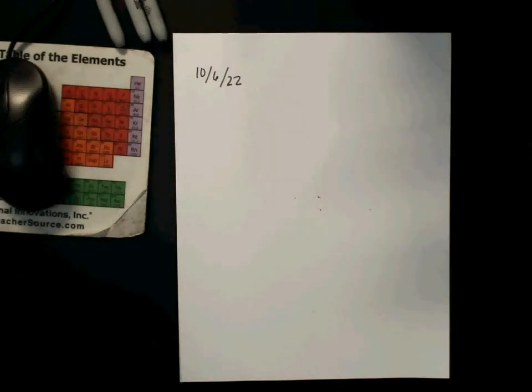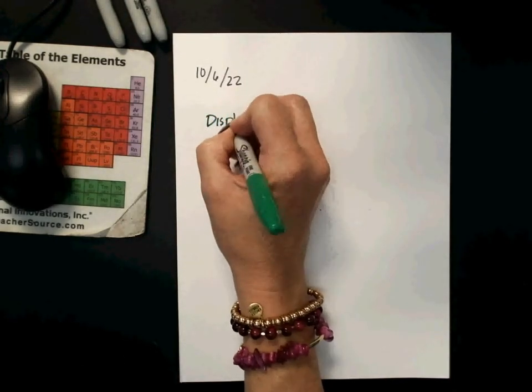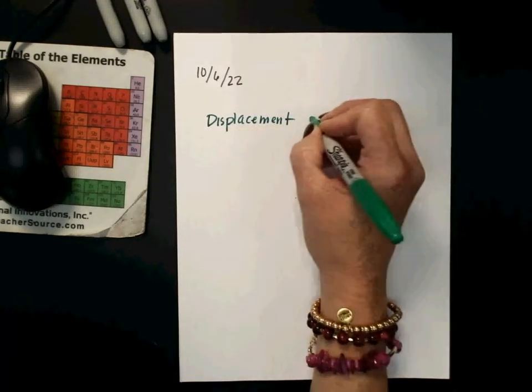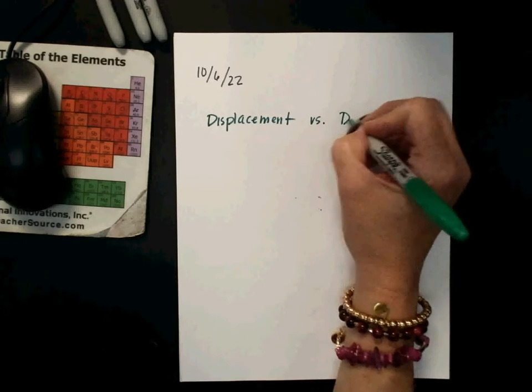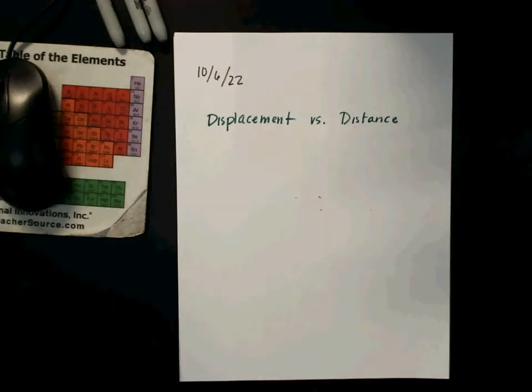Today we're going to do a multiple vector diagram, and we need to talk about displacement versus distance, because there's a big difference in the two when we're in physics.